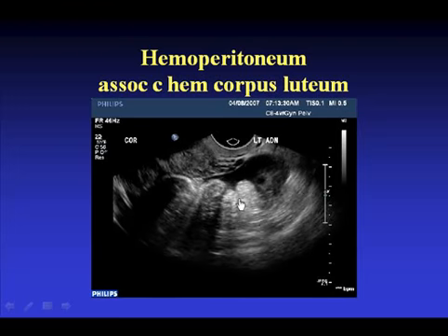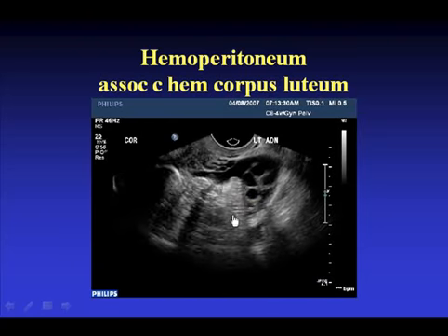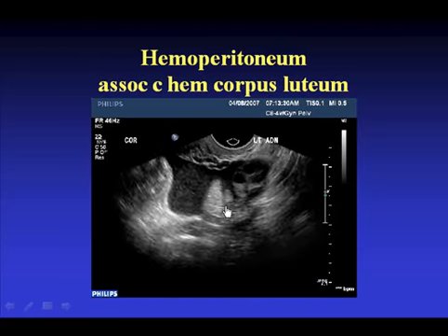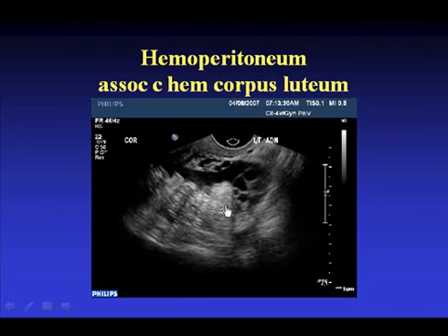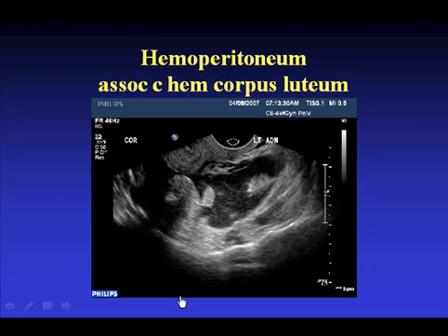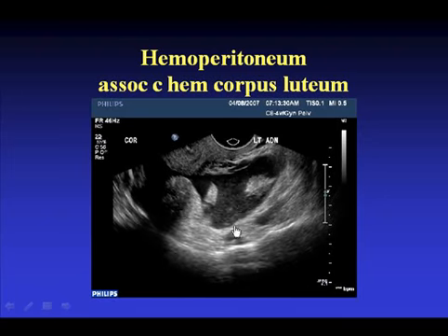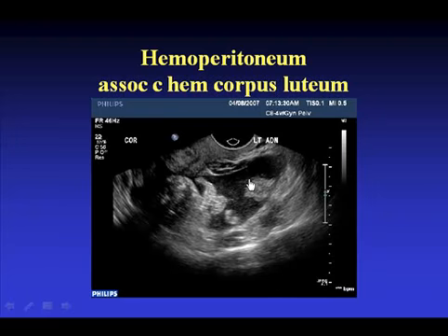It goes back and forth. We can see the ovary, and in fact, we can see the fimbriated end of the tube, as we'll see here. And we know that this is fluid related to a hemorrhagic cyst. This being the fimbriated end of the tube.